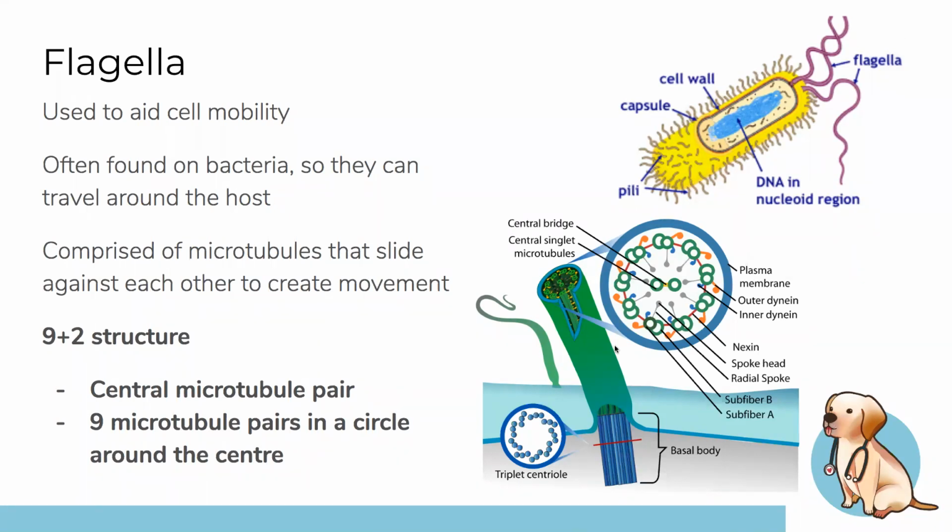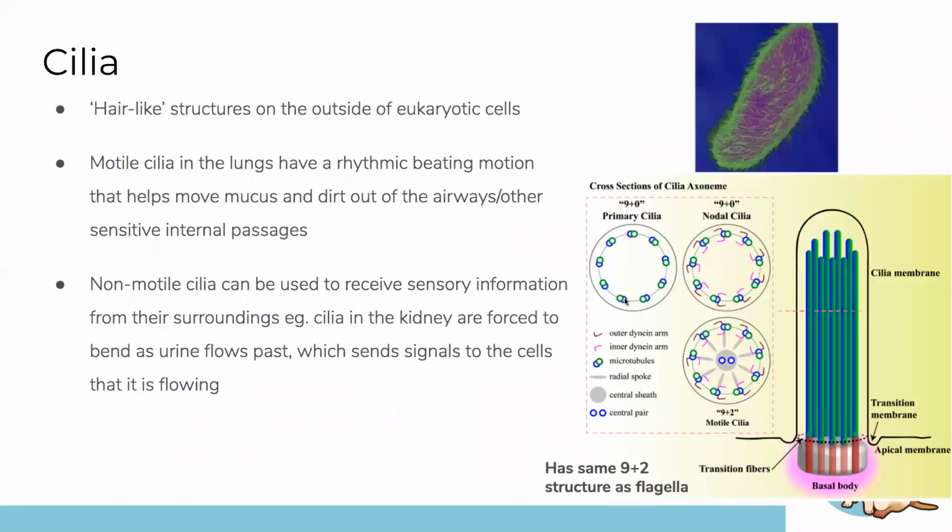You can see in this picture, it has 9 pairs on the outside and then 2 on the inside. That's what the 9+2 structure is. It is quite important because they will test you on it. They'll ask what has a 9+2 structure, and you have to remember it's mostly flagella, but cilia can also have a very similar structure.